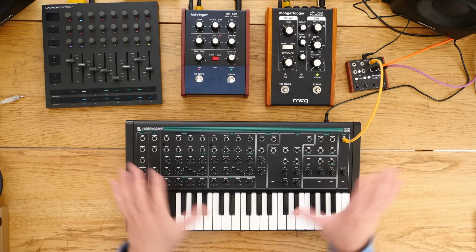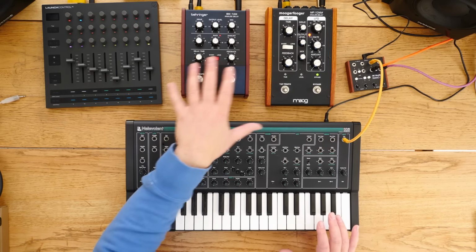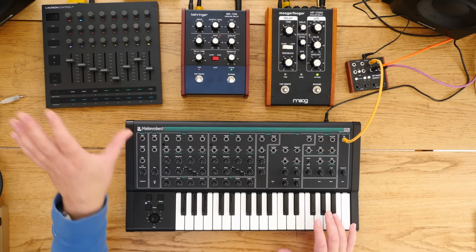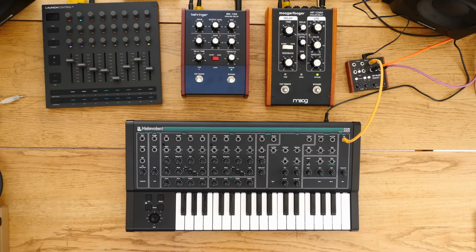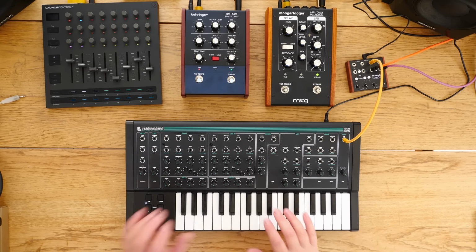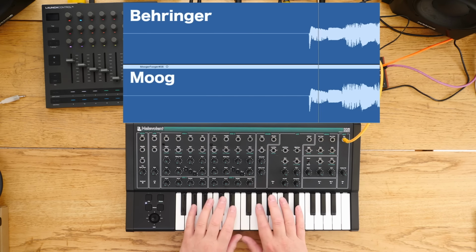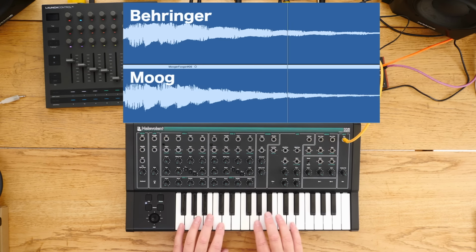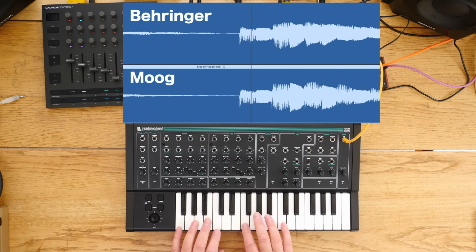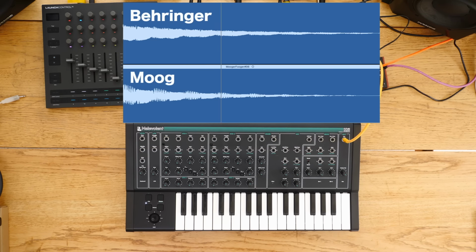So it sounds like when you're playing around with it, actually the feedback on this is too long, because it feels like it's sitting there for longer. But actually you can hear it for longer, I think, because it's a bit brighter. And if you look at these plots, top one's the BM-14, bottom one's the 104M.